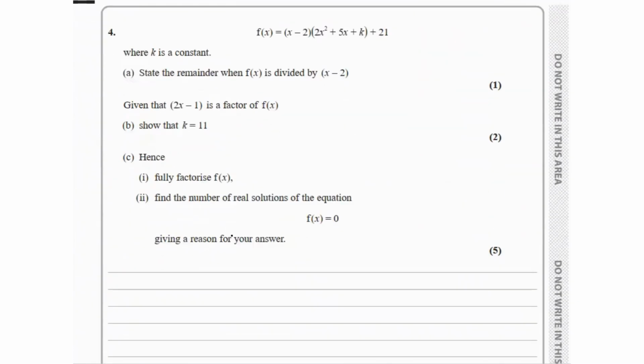Then it says f of x equals to x minus 2 times 2x squared plus 5x plus k, plus 21, where k is a constant. State the remainder when f of x is divided by x minus 2. So for that, we put x equals to 2 in the equation and see what we get.